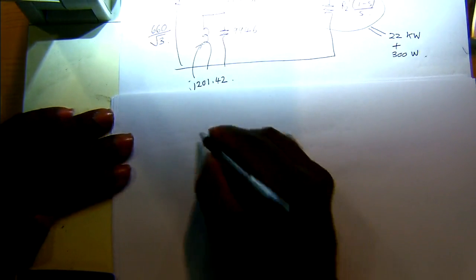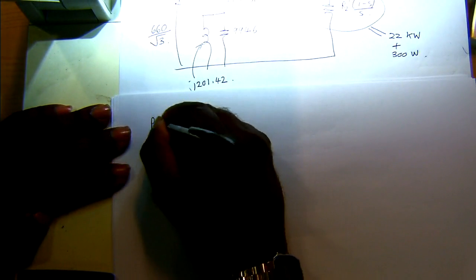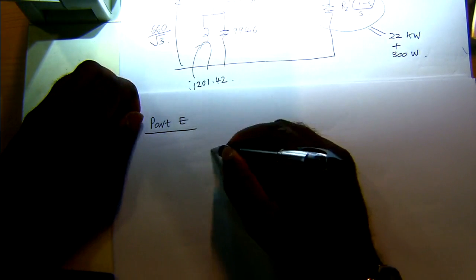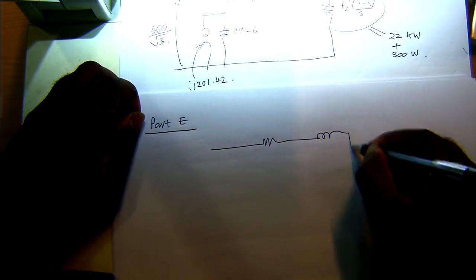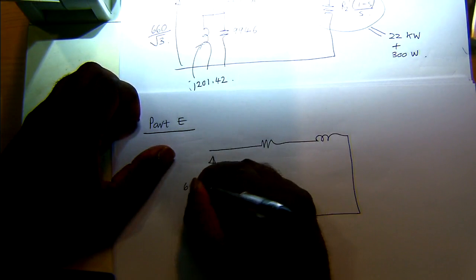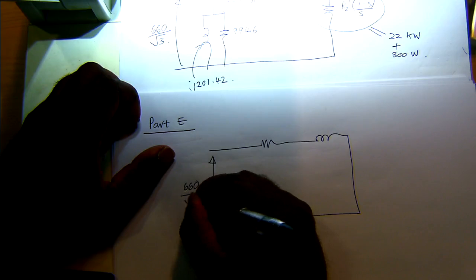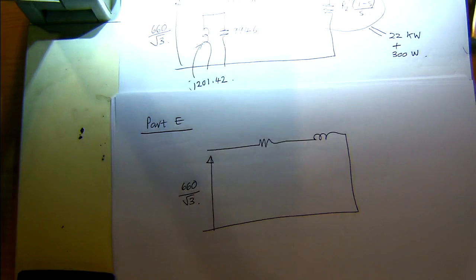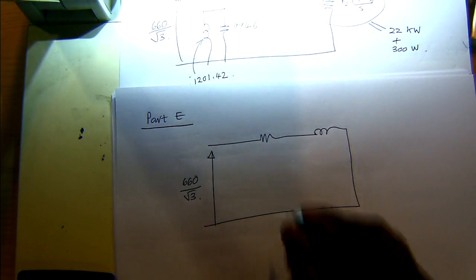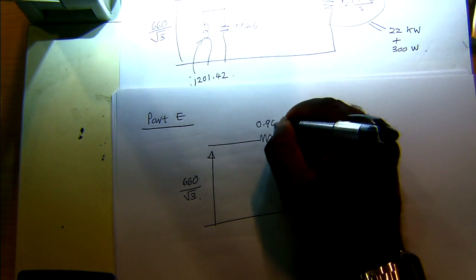So effectively for part E, you have these 2 elements, and then 660 over root 3. This is a short circuit here under starting conditions. So this one is 0.905.